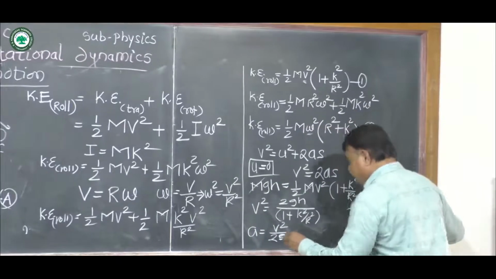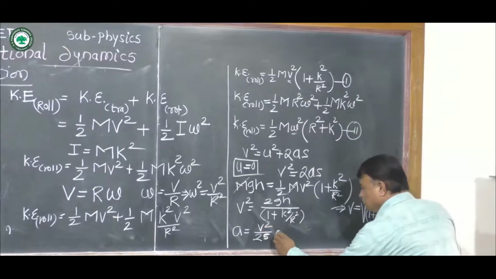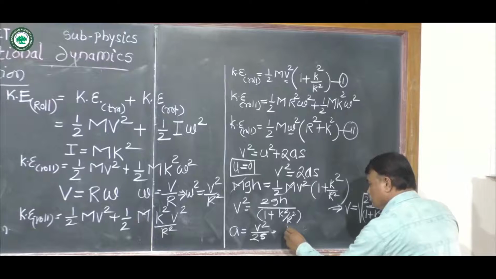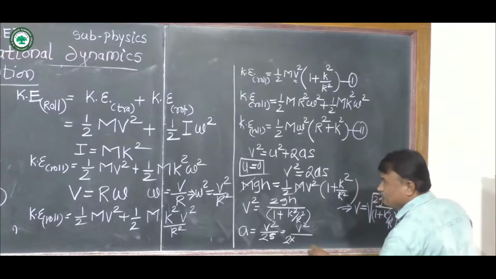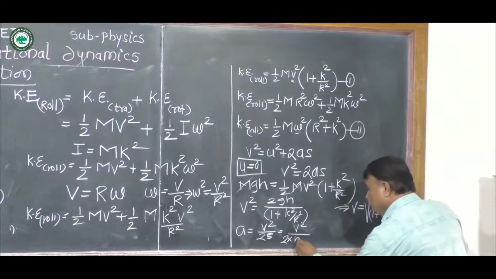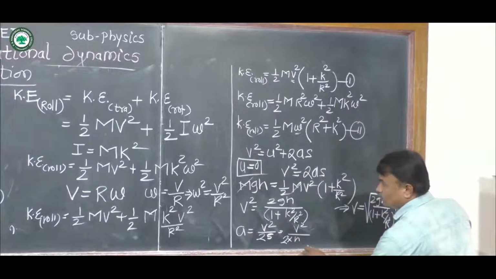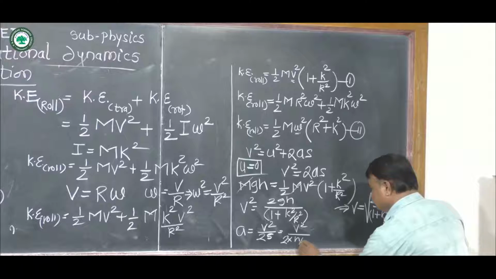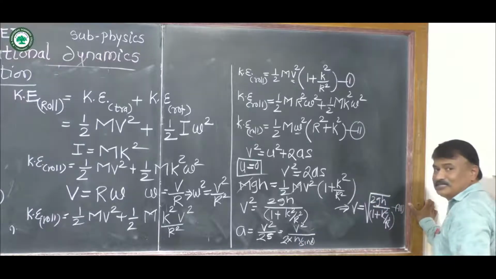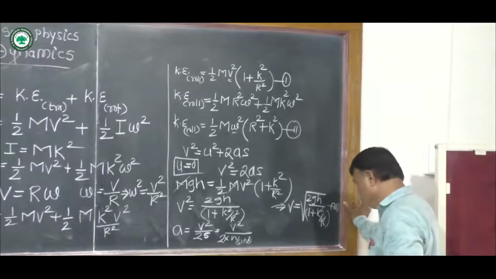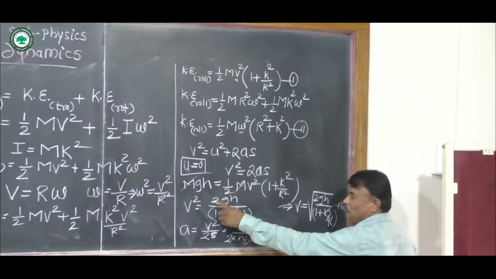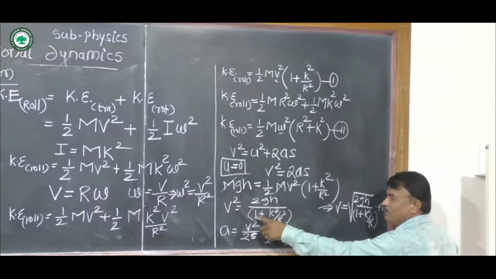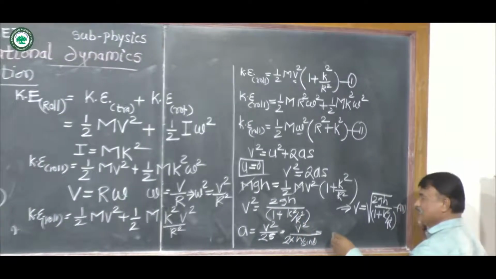Substitute this value of s, that is h upon sin theta, in this equation. Then we get a is equal to v square upon 2 into s, where s is equal to h upon sin theta. Now we substitute the value of v square: v square is equal to twice gh upon 1 plus k square upon r square.